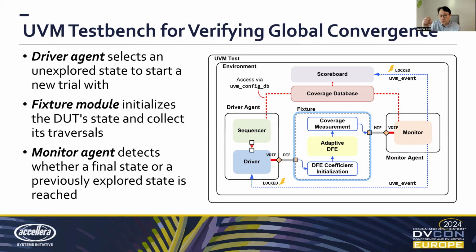All the states that are visited in the middle will get collected by the fixture as well and passed to the monitor agent. So the monitor agent, while observing the traversal of these states, will detect whether the simulation has reached the final state, or it has visited some state that has been explored before, because it means that we know the outcome from then on.